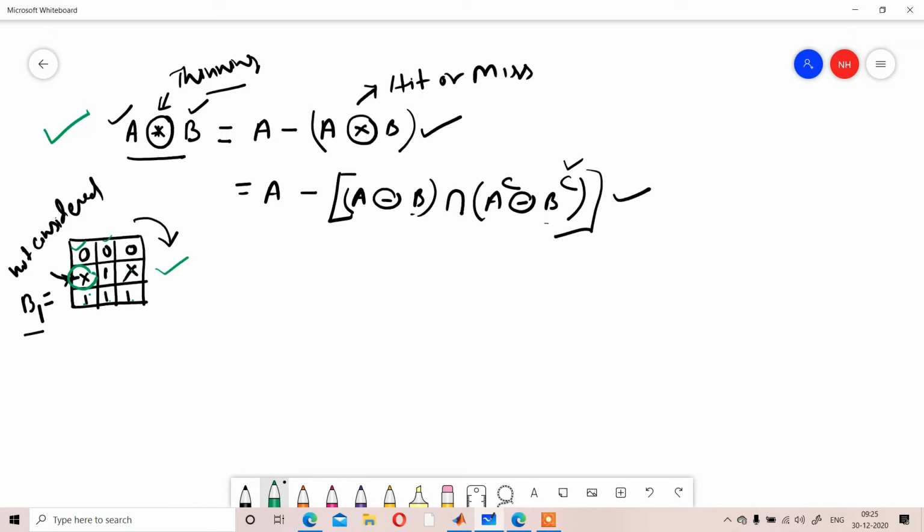Now, what I have told you, suppose that is your B1, the structuring element provided for the thinning operation.